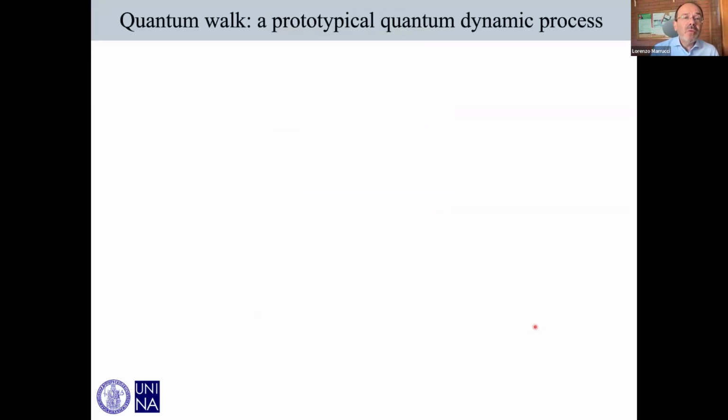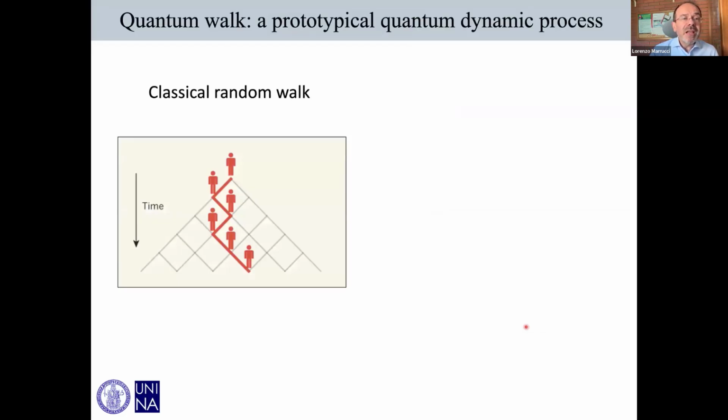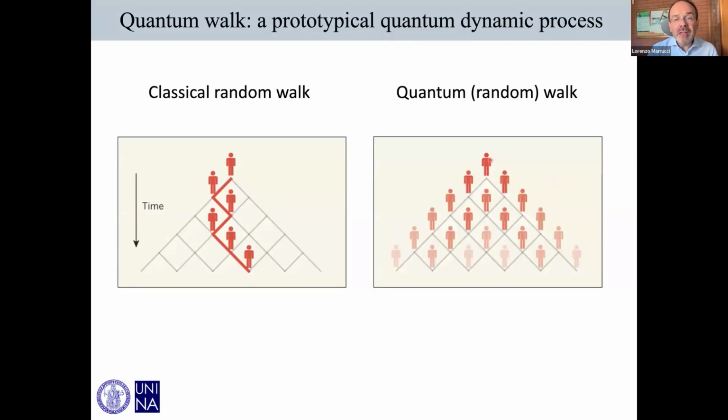So one of these possible quantum simulations is the quantum walk, which is a prototypical quantum dynamic process, which is the quantum analog of the classical random walk. In the classical random walk, you have a walker, which can go, for example, left and right at random in time. In the quantum random walk, the same walker, since it's a quantum object, can go both left and right in some sense.